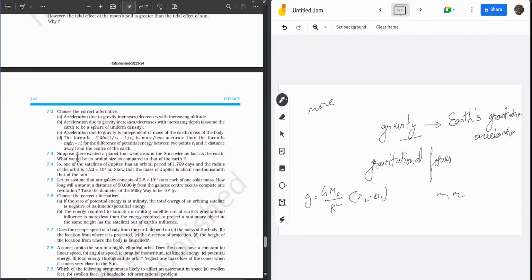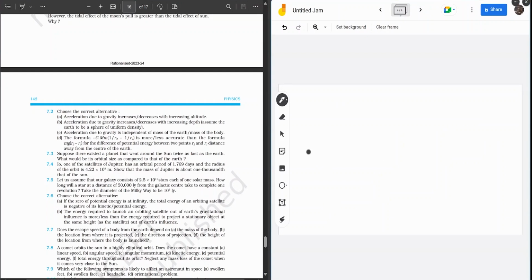Next, suppose there existed a planet that went around the sun twice as fast as the Earth. What would be its orbital size as compared to that of Earth? Okay, ఇక్కడ మనం ఏం వాడాలి? Kepler's law వాడాలి. సో మన Earth revolution ఏమో 1 year కదా. Okay, it's 1 year. Radius of Earth ఏమో 1 AU అని తీసుకున్నాం. Now time taken to complete is going to be half, twice as fast అంటే half year లో అయిపోతుంది revolution.